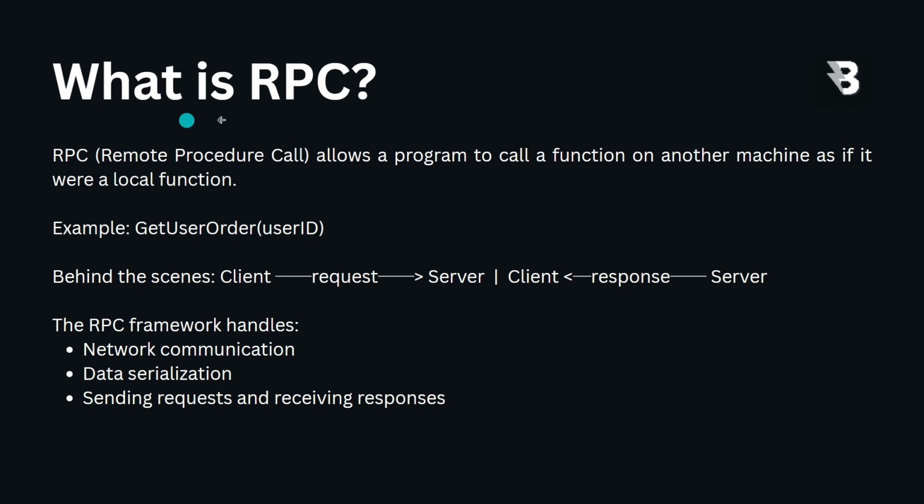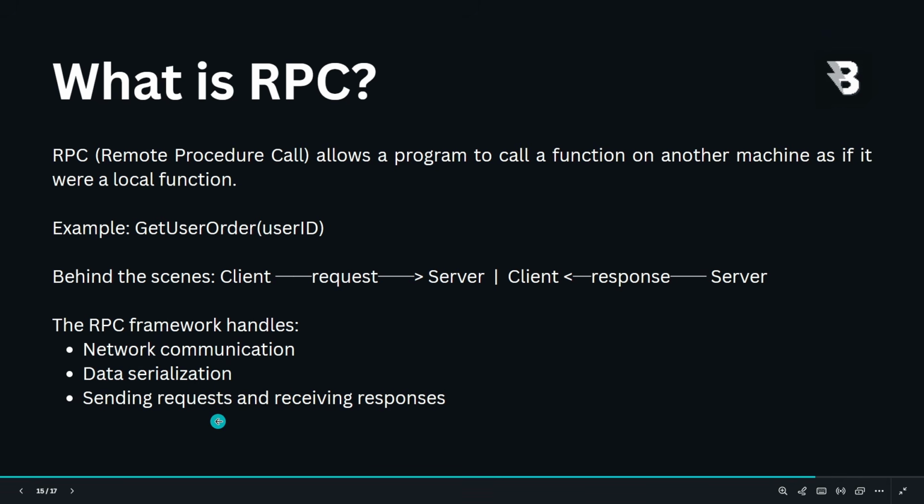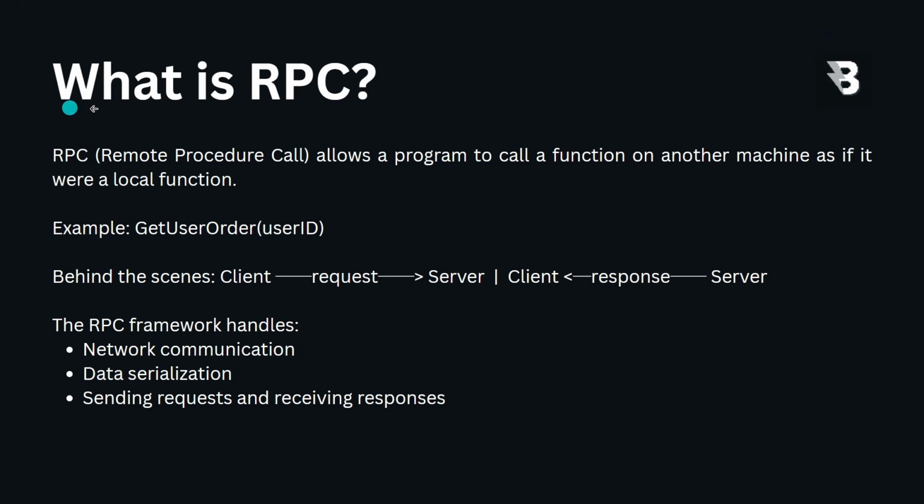Now, the RPC framework handles network communication, data serialization, sending requests, and receiving responses. So, like I said, RPC is just an idea of how things could work. And a framework means the implementation of the idea, which is gRPC.